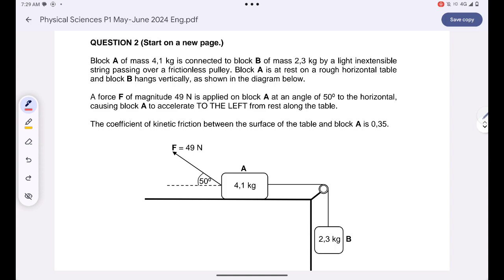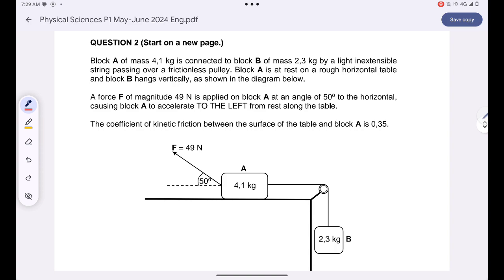Okay, block A of mass 4.1 kilograms is connected to block B of mass 2.3 kilograms by a light, inextensible string passing over a frictionless pulley. Block A is at rest on a rough horizontal table, and block B hangs vertically as shown in the diagram below.